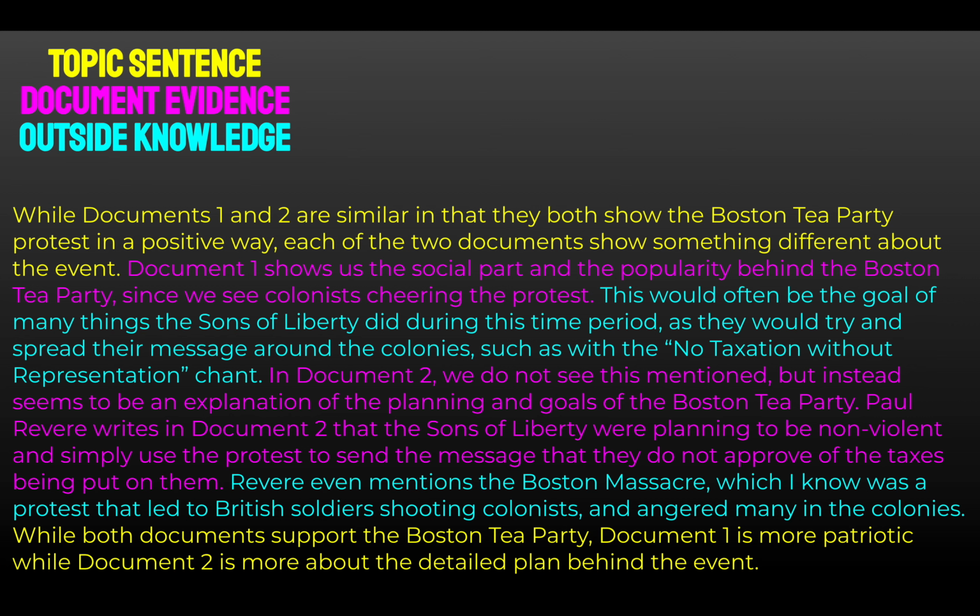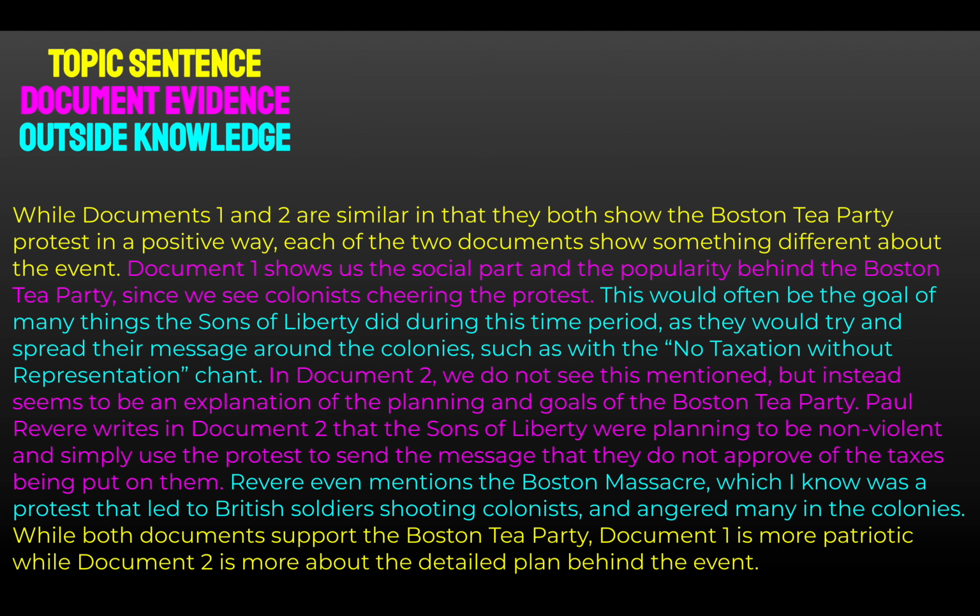This would often be the goal of many things the Sons of Liberty did during the time period, as they would try to spread their message around the colonies, such as with the no taxation without representation chant. That's outside knowledge. We don't see mention of the no taxation without representation in either document, but it's something I know from history class.